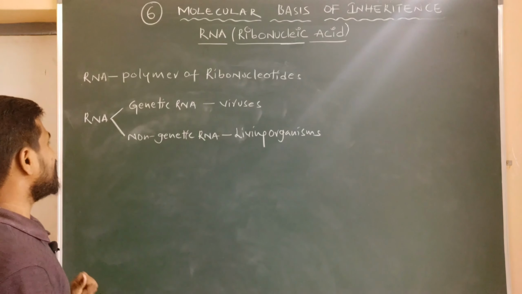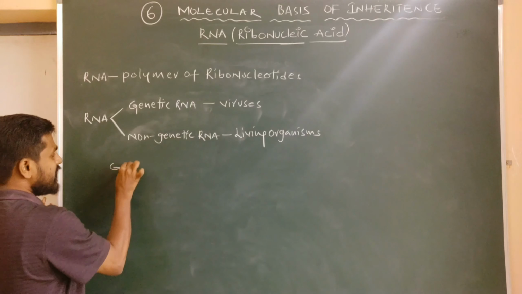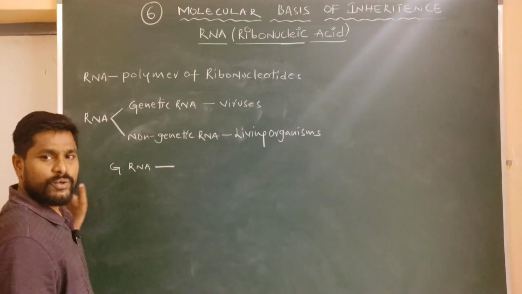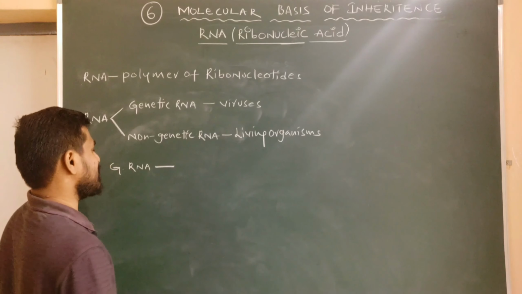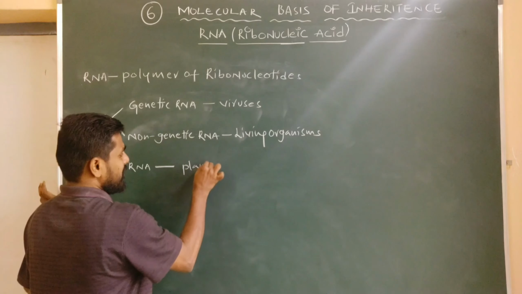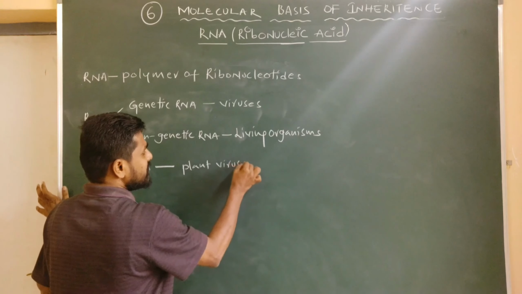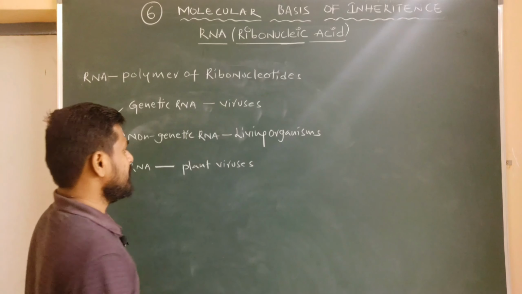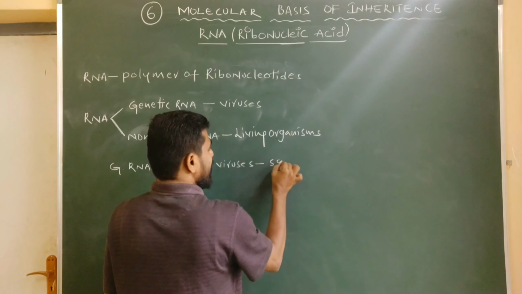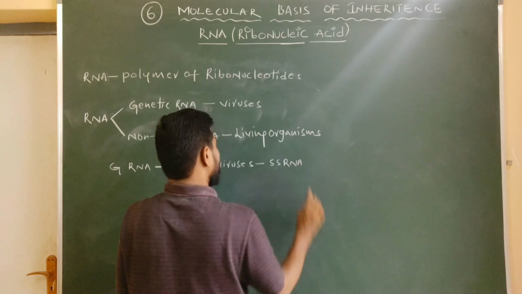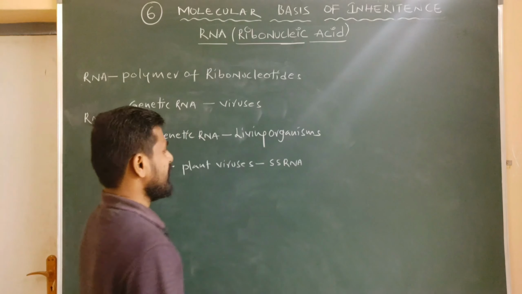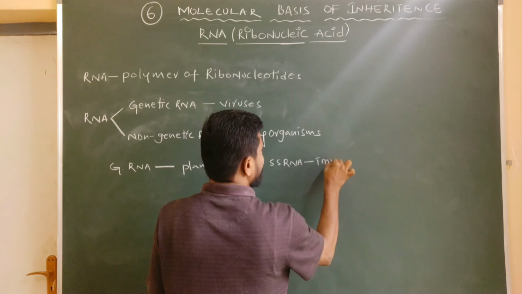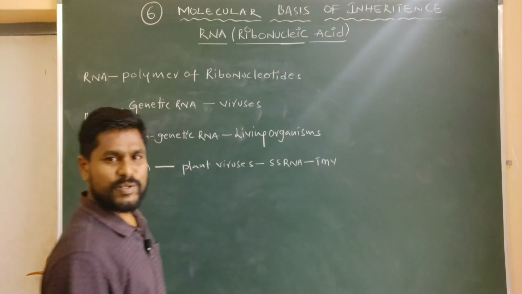First, the genetic RNA is present mostly, as I just told, in plant viruses. In plant viruses, the RNA may be in the form of a single strand or a double strand. Single stranded RNA acting as the genetic material is present in viruses such as tobacco mosaic virus.